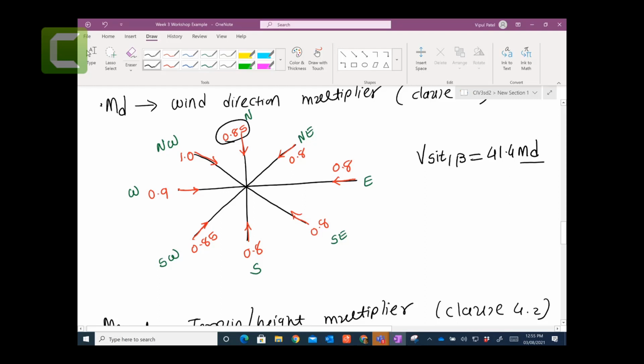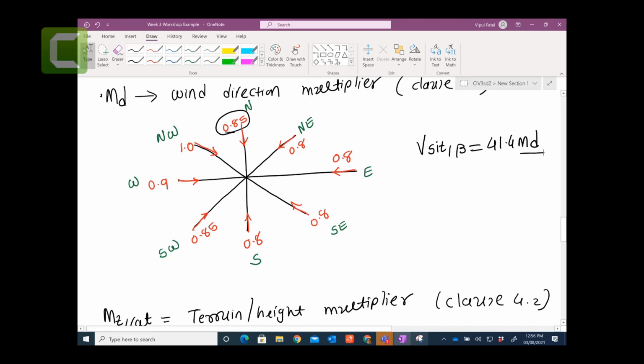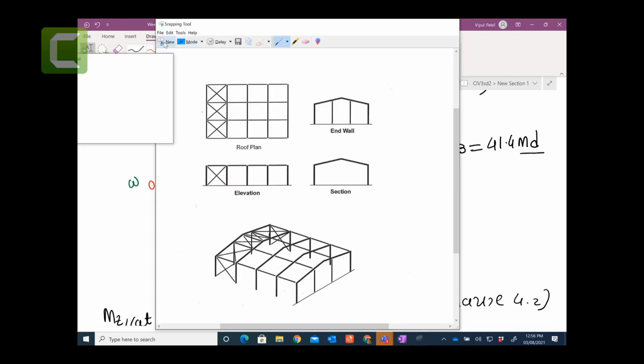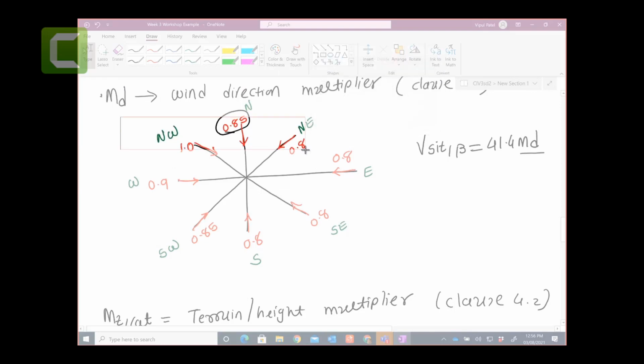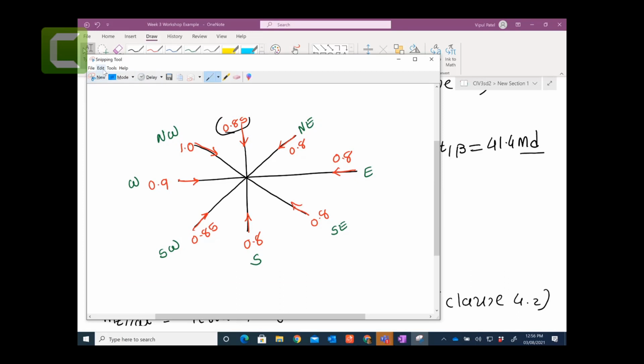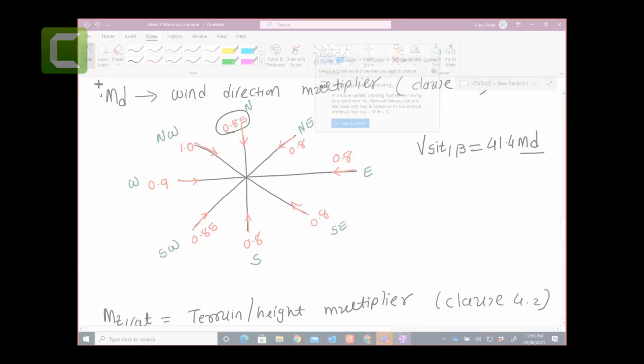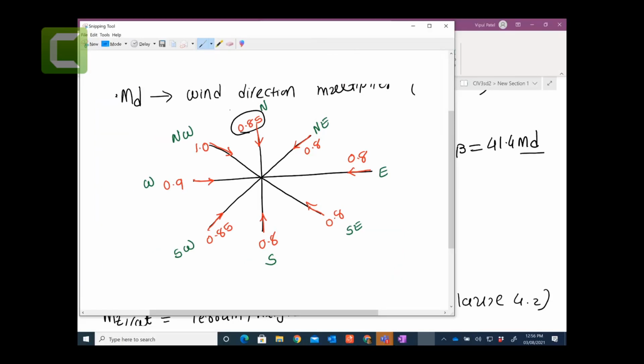Probably I can get these pictures down there, so it will be helpful to understand. Let me get these pictures down. Oops, it's cutting, so that's okay. We snip it again. Let's snip this whole chunk. Okay, copy.